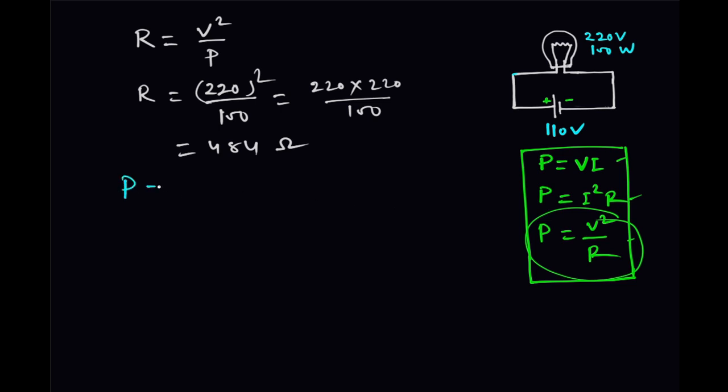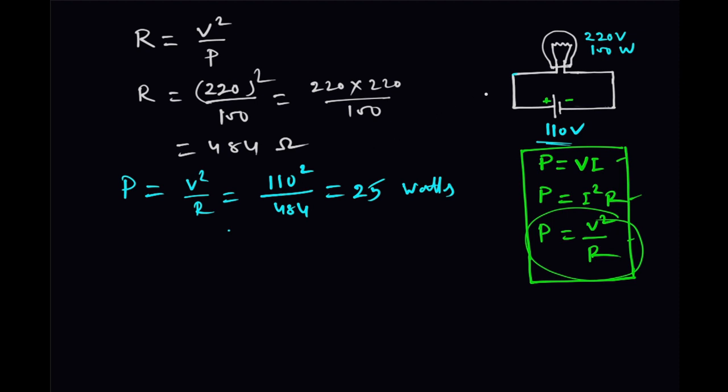So P is equal to V square divided by R. V is 110, so it is 110 square divided by R. R is 484. Let us calculate. So we get 25.